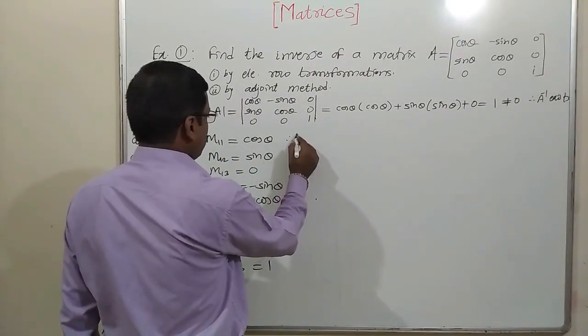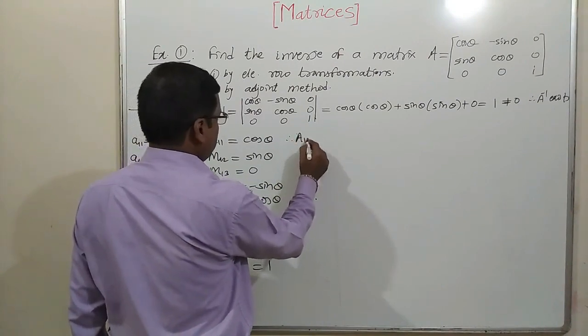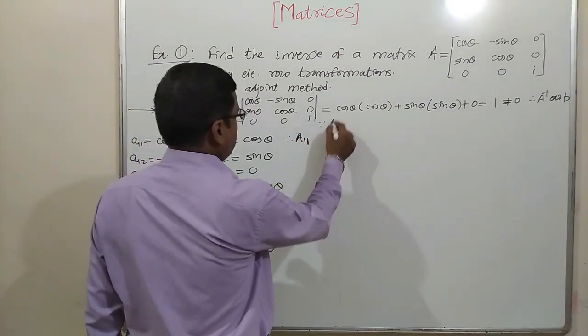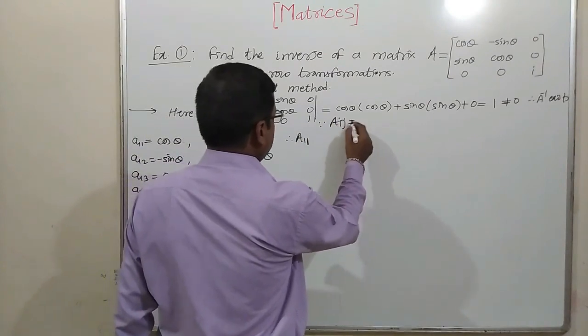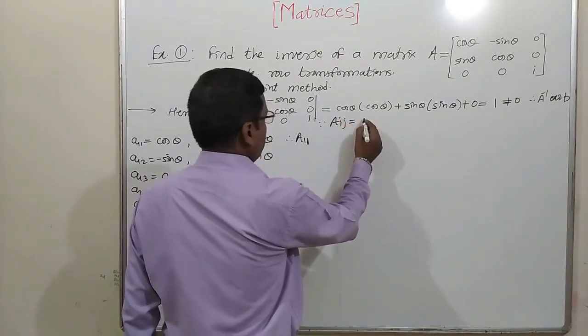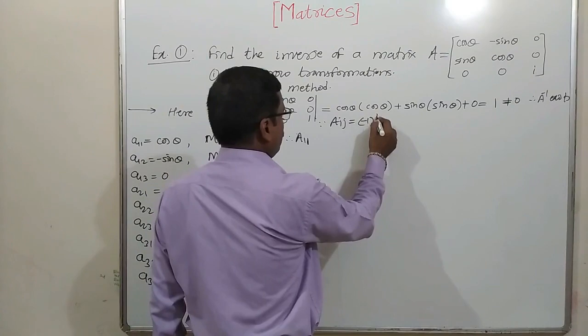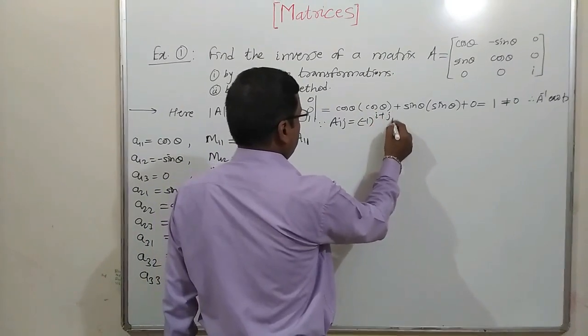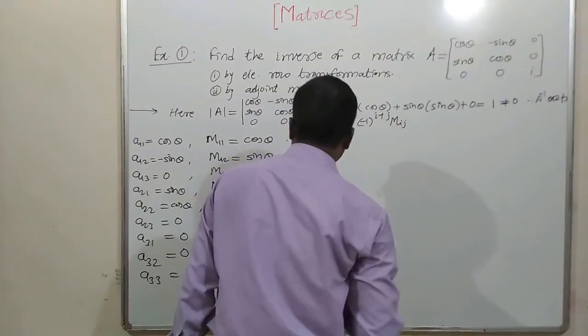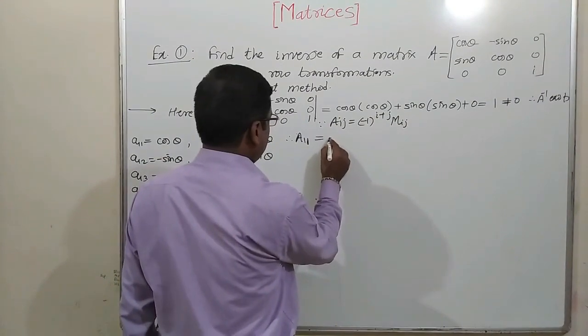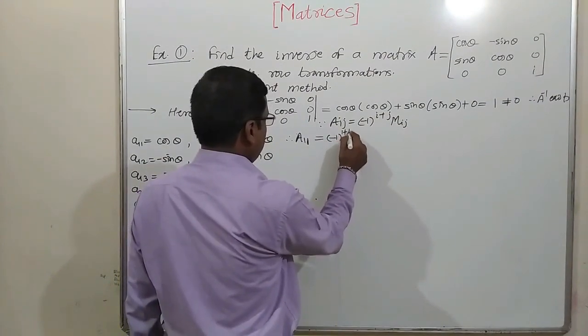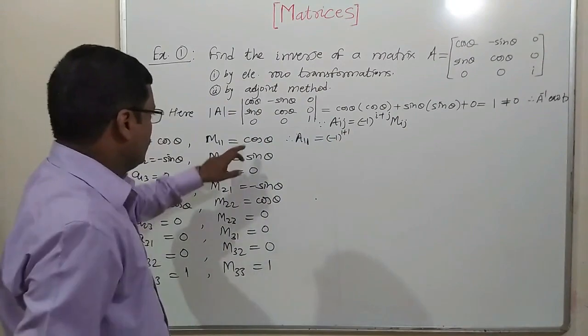Therefore, corresponding cofactor is A11. Here we will write the formula: Aij is equal to minus 1 raised to i plus j into Mij. So here A11 is equal to minus 1 raised to 1 plus 1 into Mij, that is cos theta.